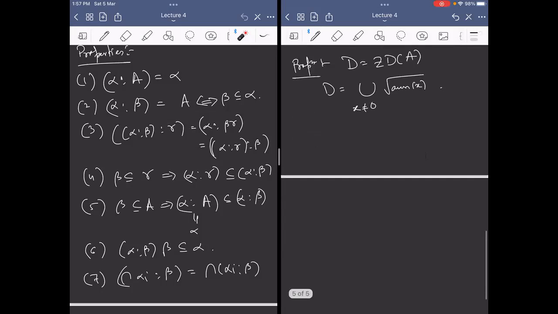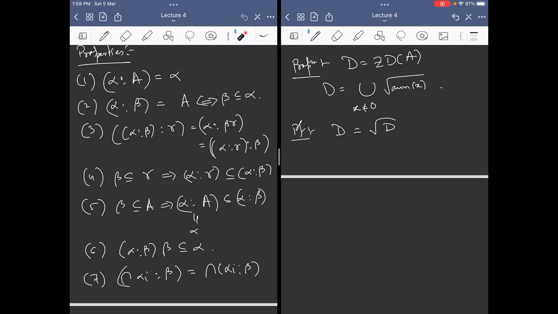So let's prove it. First of all, I need to check that D equals the radical of D. It is clear that D is a subset of the radical of D, since the definition of radical over arbitrary subsets also has the property that E is a subset of the radical of E for every subset E. Now, if you take some x from the radical of D, then x to the power n is inside D. Take the smallest such n.